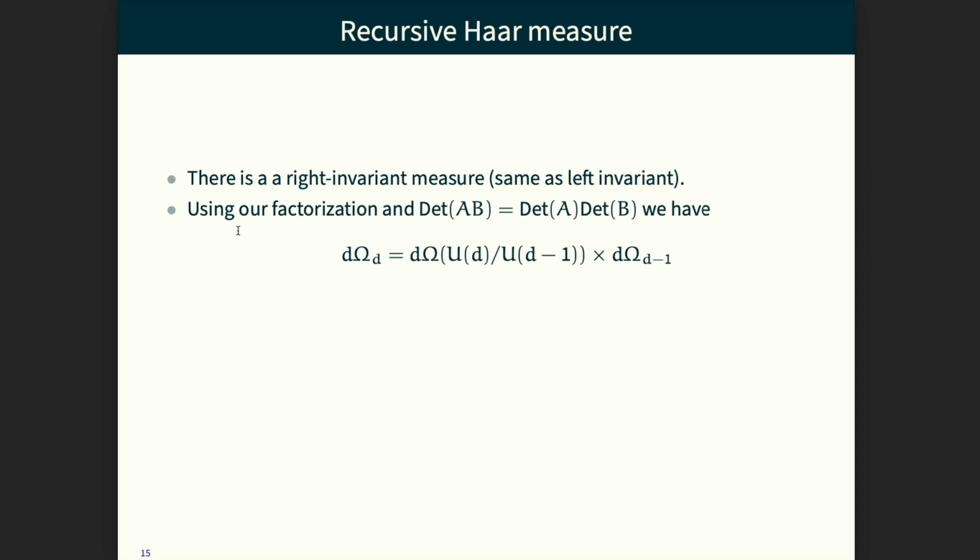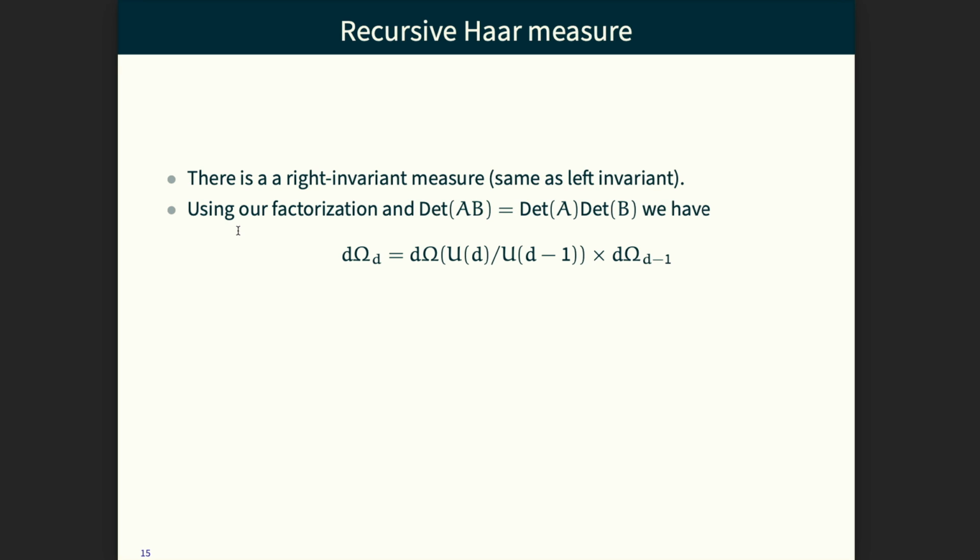Okay, so again, what is the laziest way of understanding the distribution for a D by D matrix? Well, I just told you that I take my D by D matrix and break it off into D minus 1 pieces.